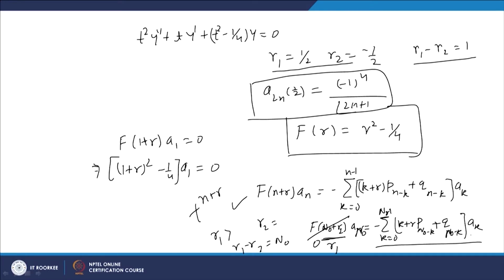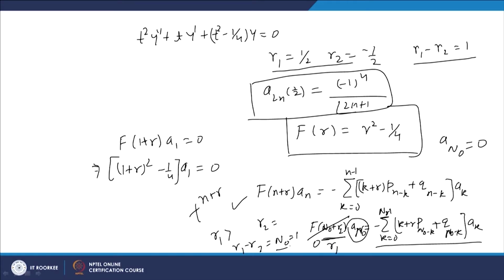Now, if this quantity is non-zero, then we do not have any possibility to find this a_{n naught}, and hence we do not have any series solution of the Frobenius form. But if the right hand part is 0, then we can take any value of a_{n naught}, and in particular we take a_{n naught} equal to 0 to find the other solution. In this particular case your n naught is basically 1.